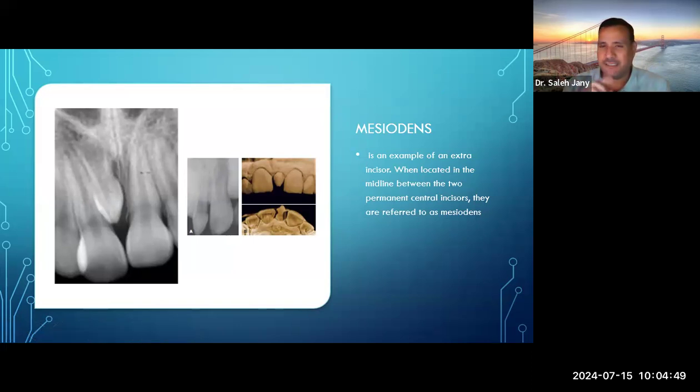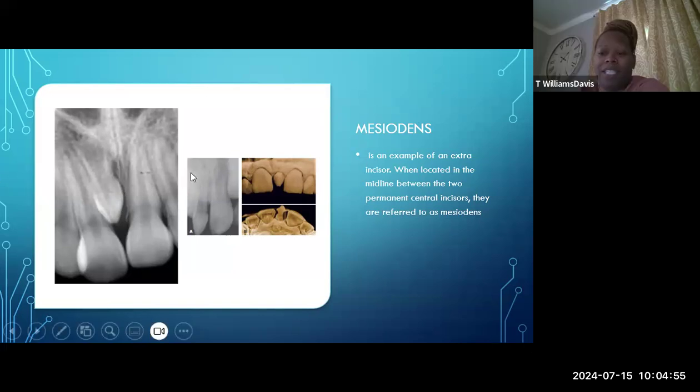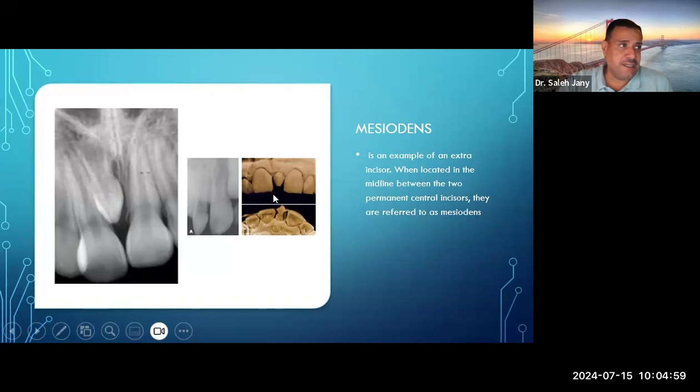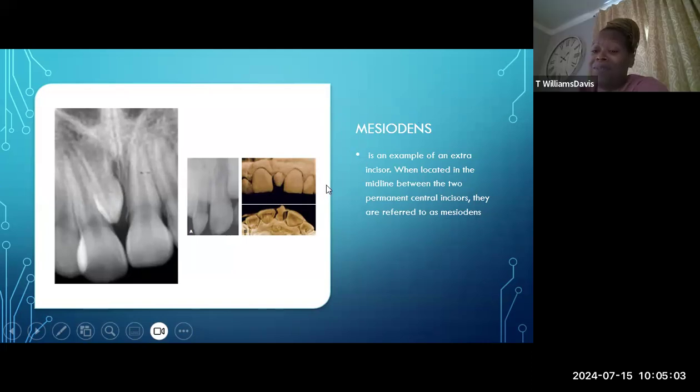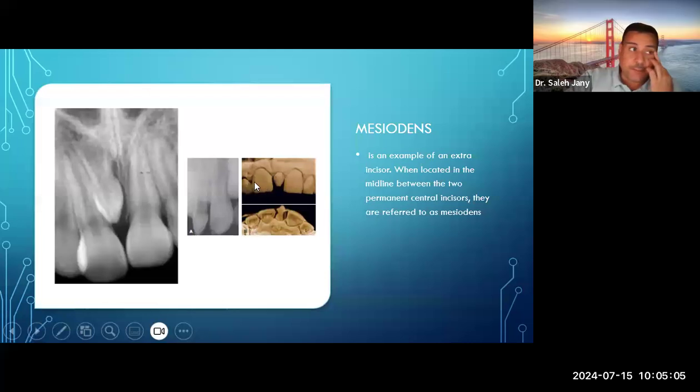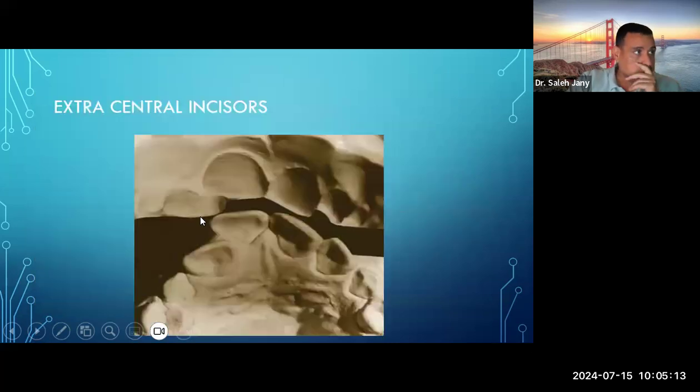Sometimes it's impacted, still inside the bone. Some people like it, some people think it's ugly, and some people don't even know they have one. Sometimes if you extract it, you get a very big space between the front teeth. That's the mesodens.